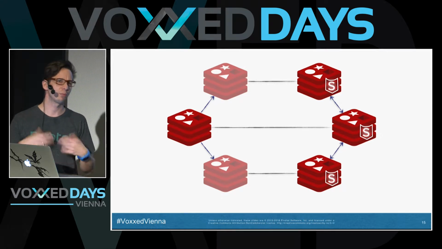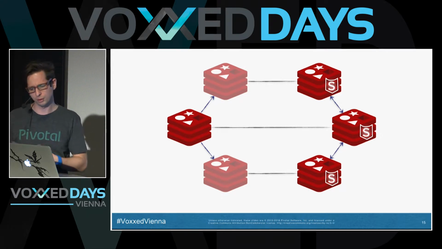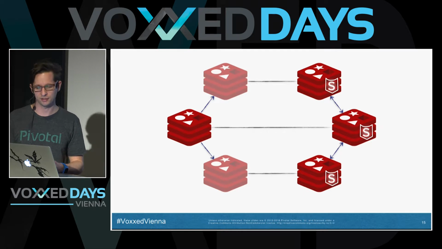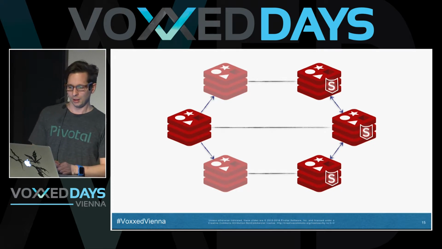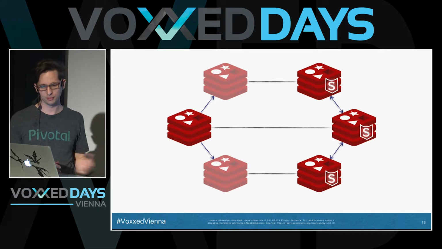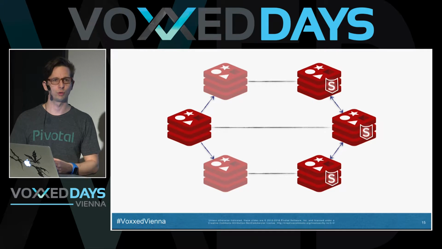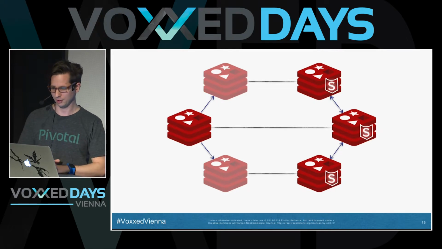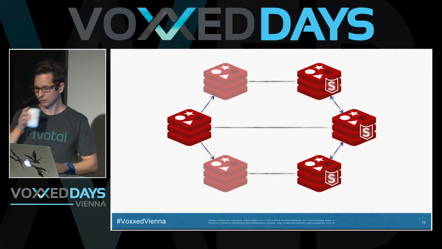So your application might fail, but it won't be too long, depending on the configuration you have and that Sentinel provides for how long it takes to promote a new master. And yeah, so this is much more convenient. And you got all your key space basically still on one server, and it's not distributed, so it's not spread around a cluster in that case. So it's pretty easy to interact with.